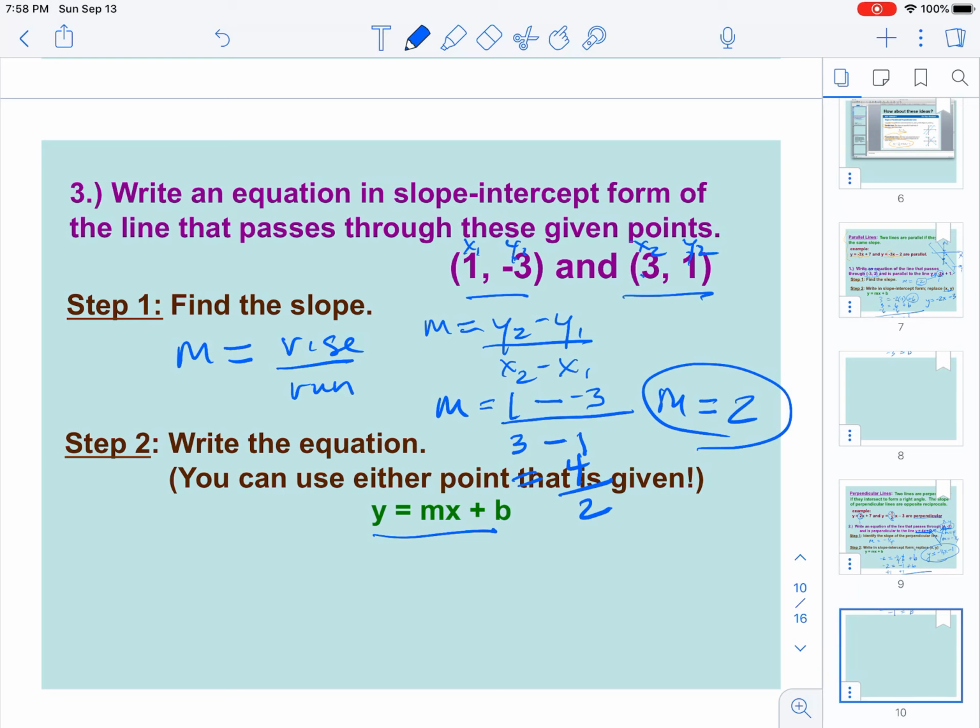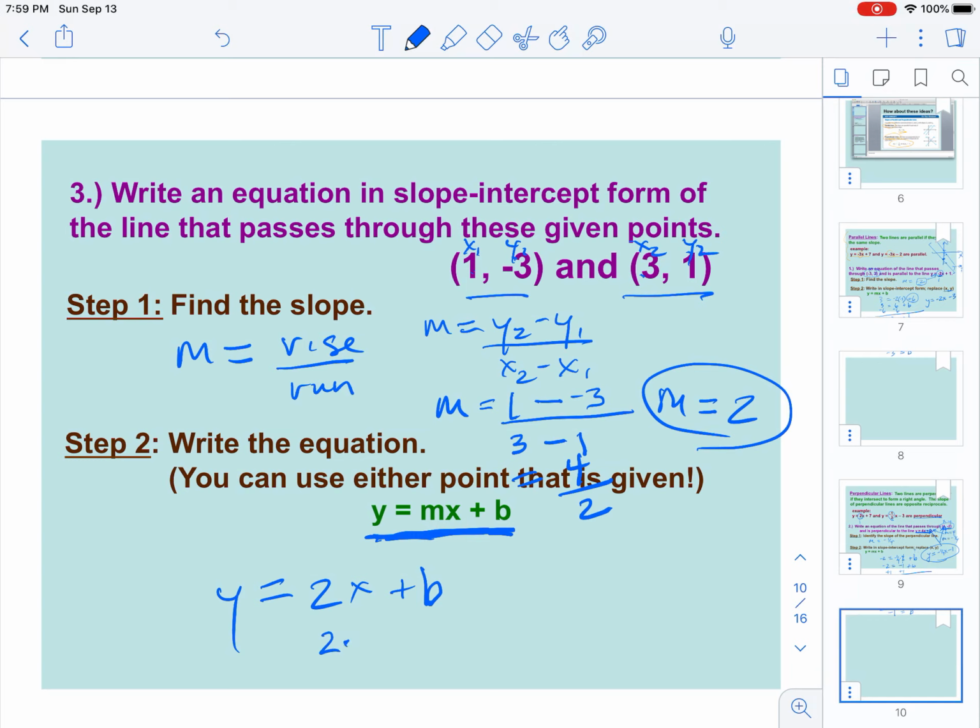So I know that. Then what I can use is this form of the equation once again. And I'm just going to plug in the 2 where I see the slope. And remember, this is b as in boy. And I'll just take either of these. I'll take this one, x1 and y1.